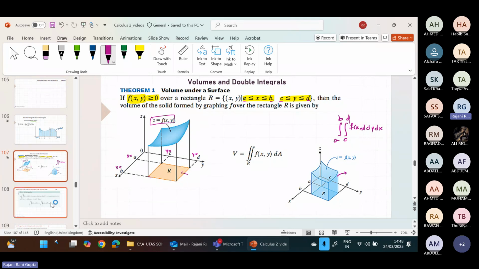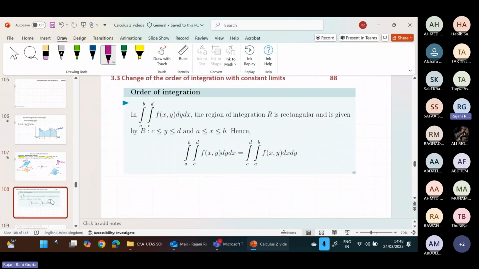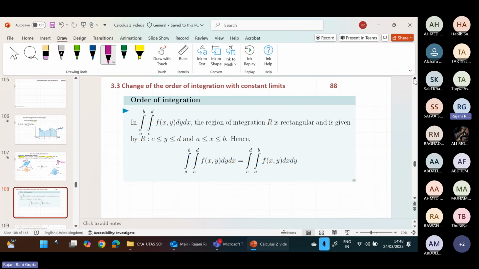Now, what we are going to do today is discuss the next topic, 3.3, changing the order of integration with constant limits. For that, first you need to understand what we mean by the order of integration.